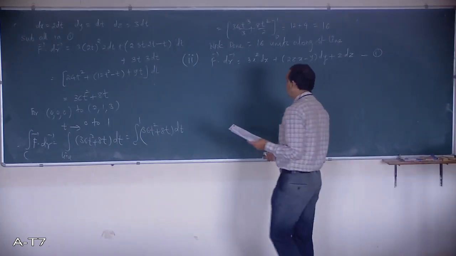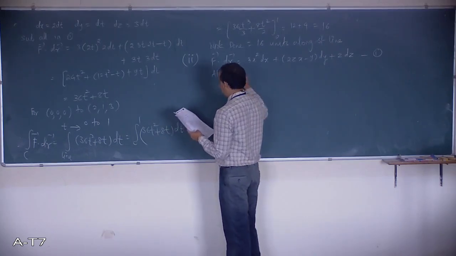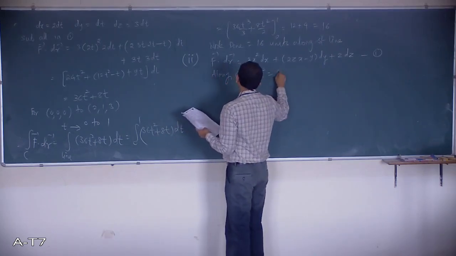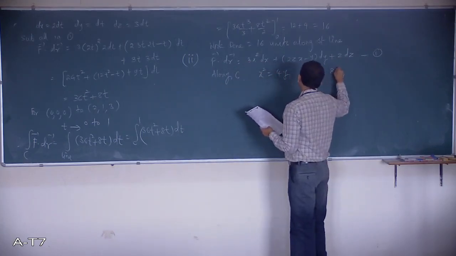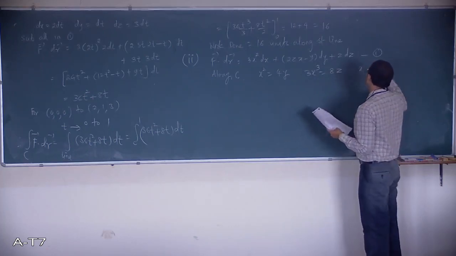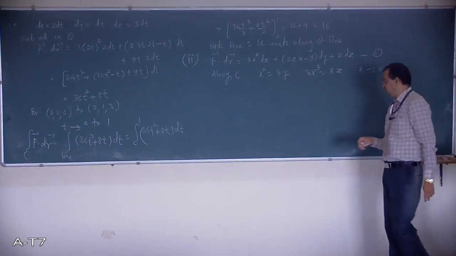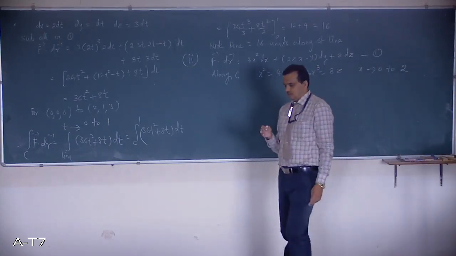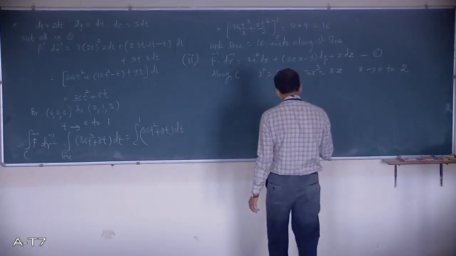Now we have the curve. Now along C, how it is defined? x square is 4y, 3x cube is equal to 8z, x is going from 0 to 2. Now, we are not in a position to draw the figures that easily.